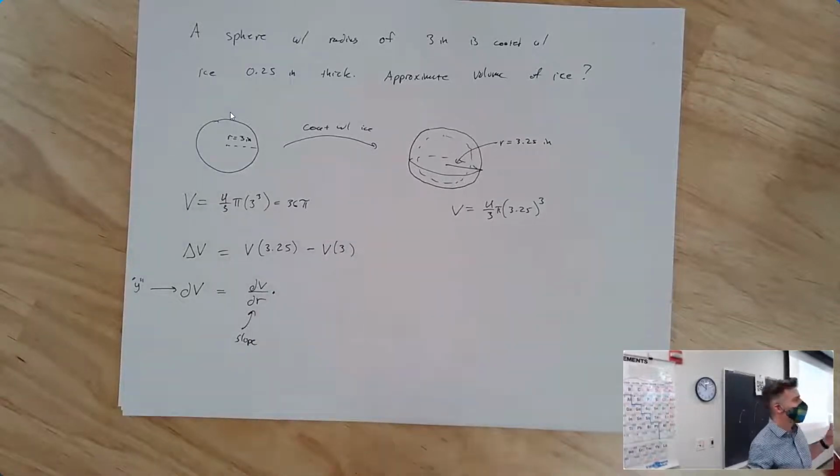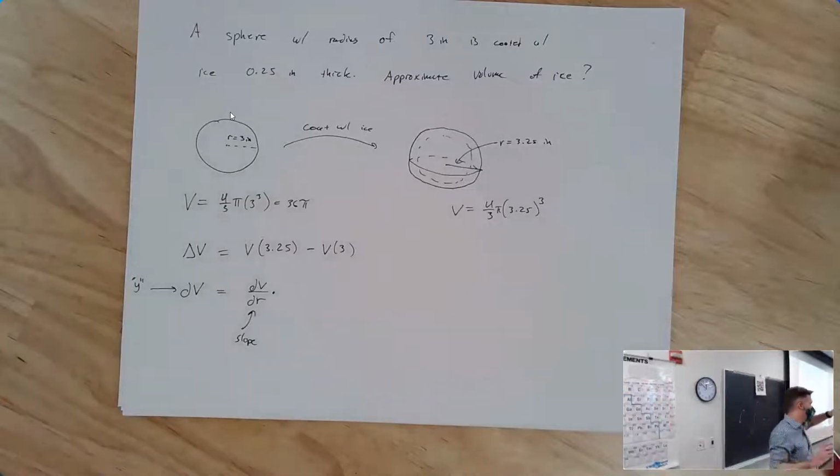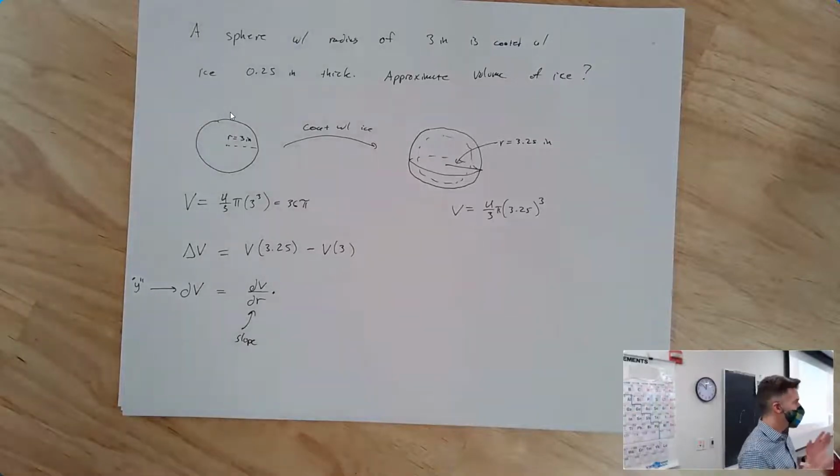Here's the thing that people often have a bit of a sketchy time with. Delta V is being approximated by dV, but delta r and dr are the same. I know, right? It seems kind of wrong, but we're thinking about dr as just the change in r, and it can kind of be whatever you want it to be.